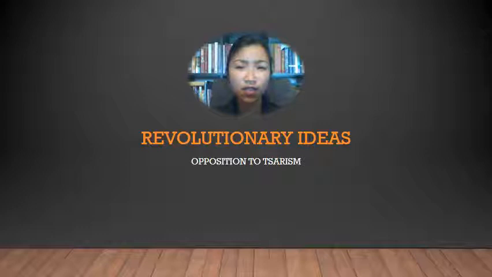We need to know about this so that we can understand why revolutionaries such as Lenin and Trotsky devoted their whole lives to trying to implement it in Russia. It's absolutely key to understanding the Russian Revolution.